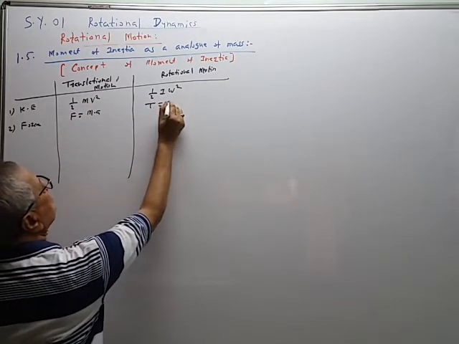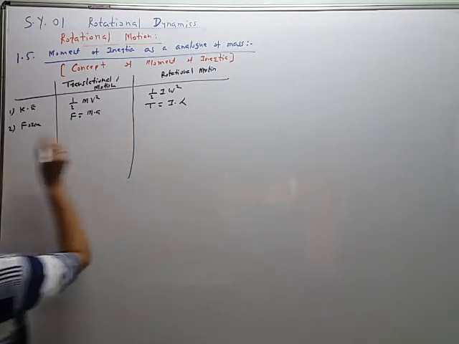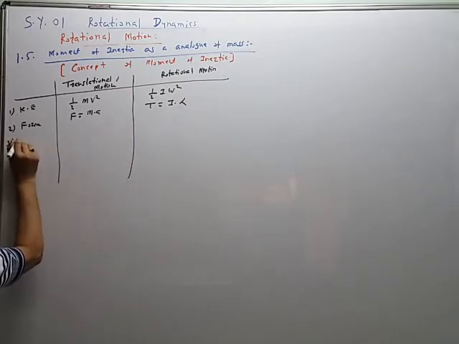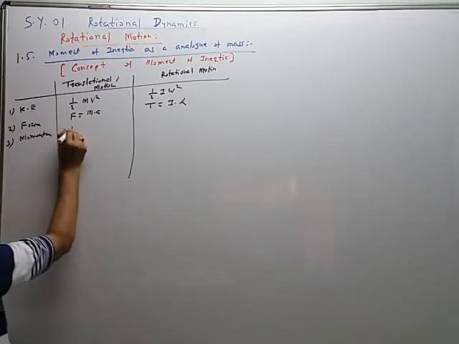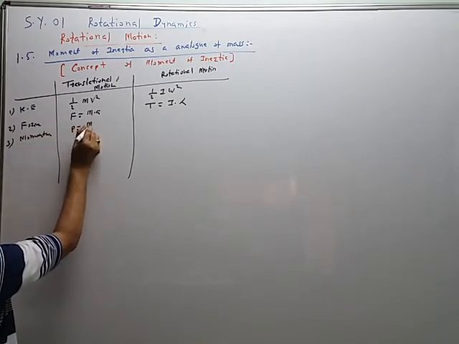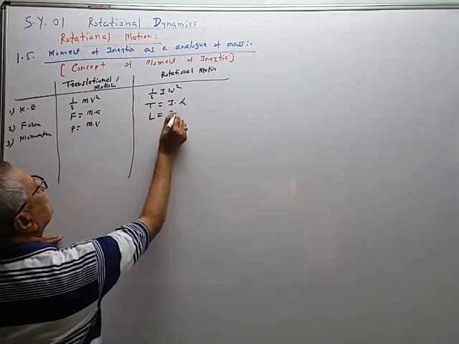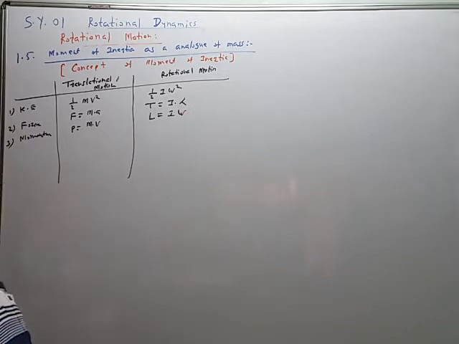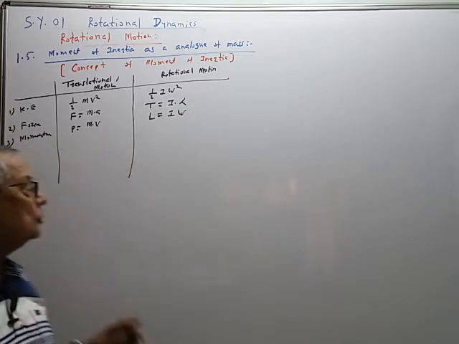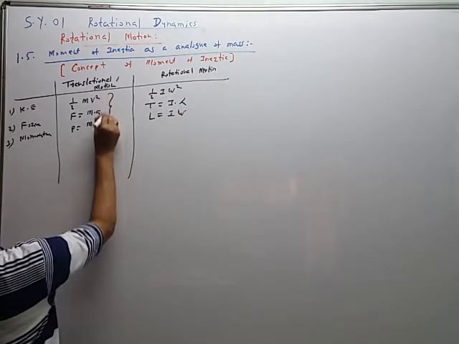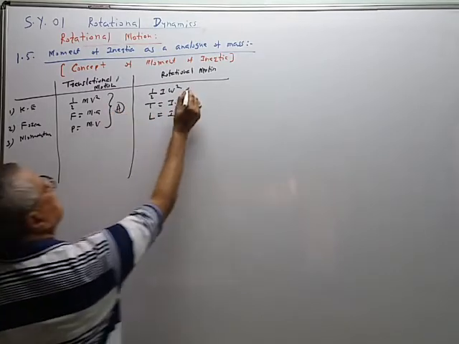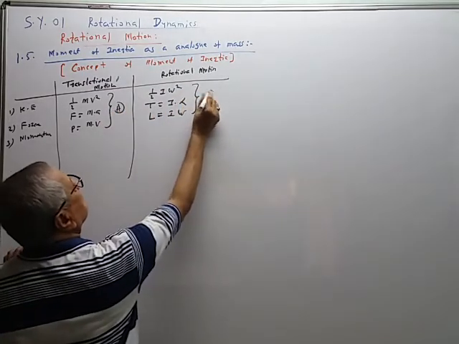Torque, which produces the rotational motion, is equal to I into alpha. Third, momentum. Momentum P is equal to mass multiplied by velocity. Momentum L is equal to I into omega. So this is equation set capital A, and this is equation set capital B.